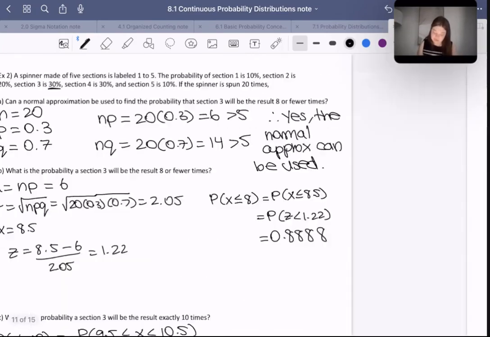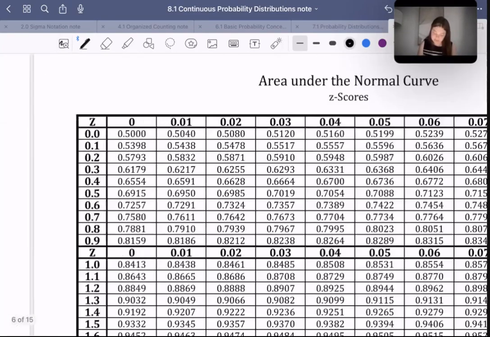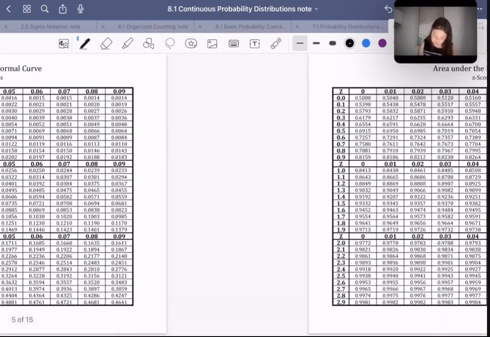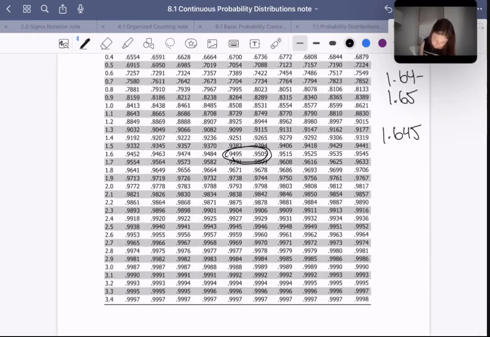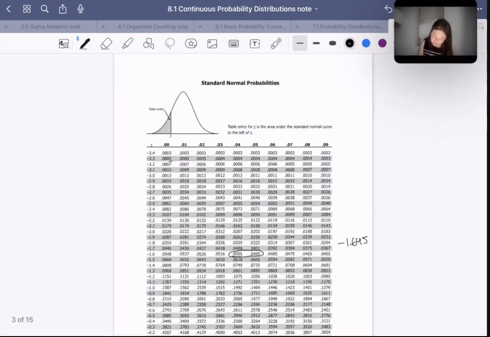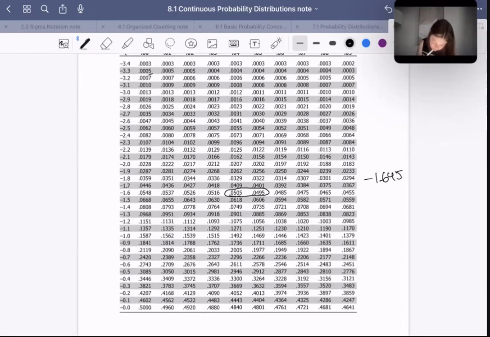So let's go back a few pages and find where we have 97.5 in our table. It's right here, at 1.96. And if we look for 2.5, that'll also be at 1.96, except the negative version.